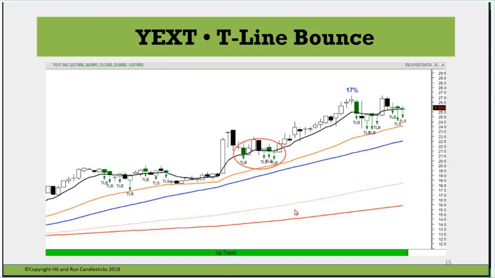Here is YEXT. There's another T-line bounce. I also see some T-line swing lows in there. See the TLS, and basically what that is, a chart where price slips and then starts moving back up over that T-line area. And you can see right here, price came down far enough.